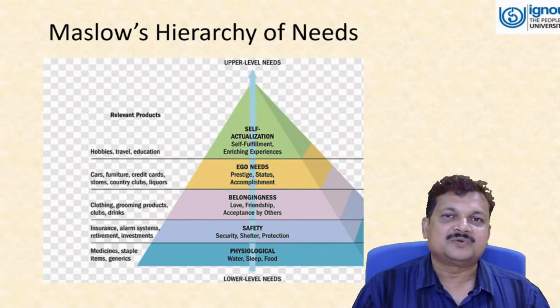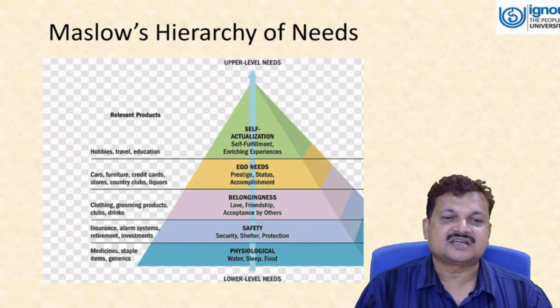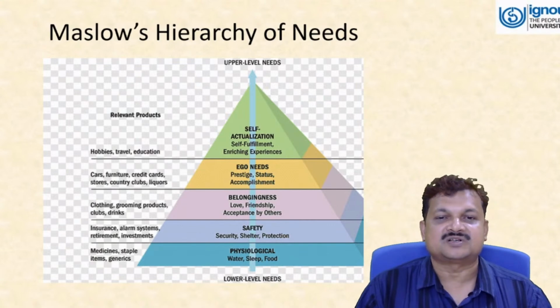This hierarchy of needs was developed by Maslow, and he described in his theory that each individual always starts with physiological needs and ends with the self-actualization need. First the need is satisfied, then the person shifts from physiological to safety need.